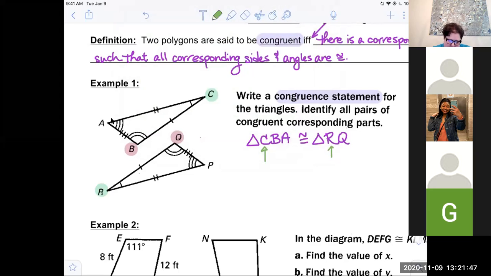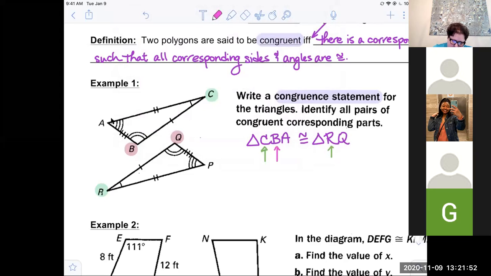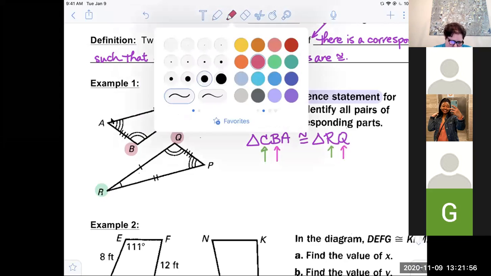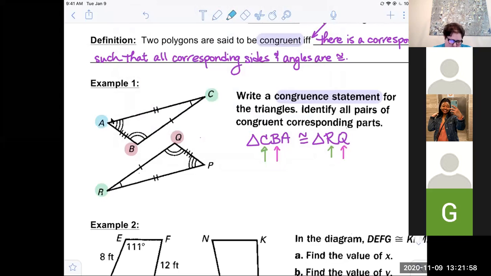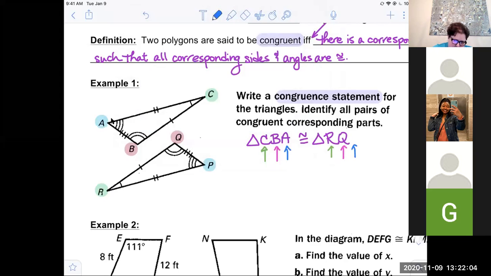So C and R match up, B and Q match up. And the third vertices should match up, and the ones that are marked with 3 marks are A and P. That's called a congruence statement.